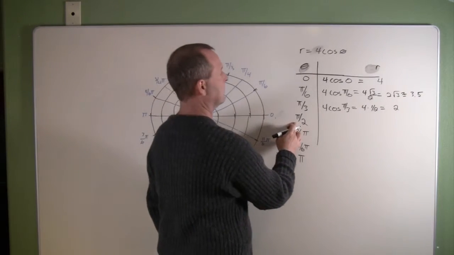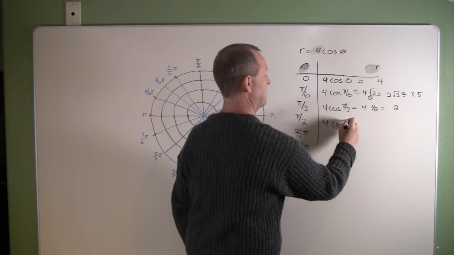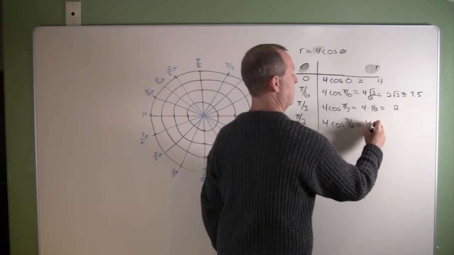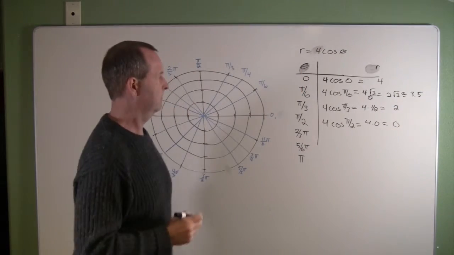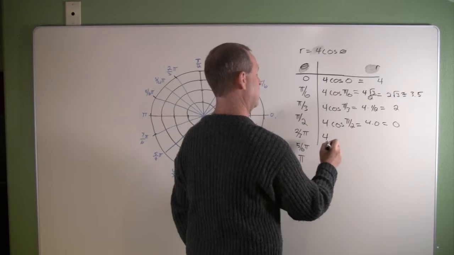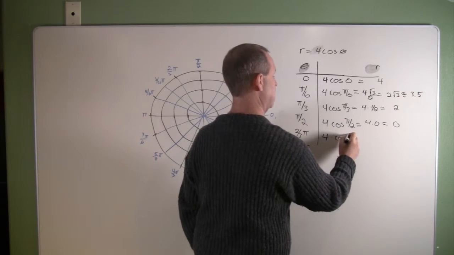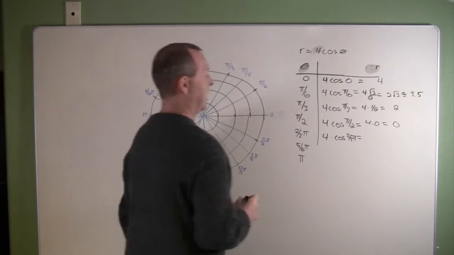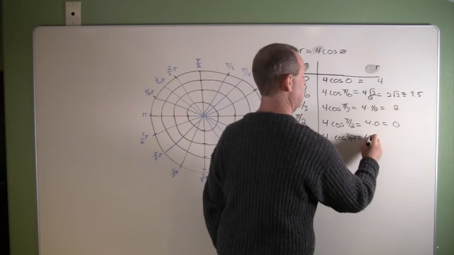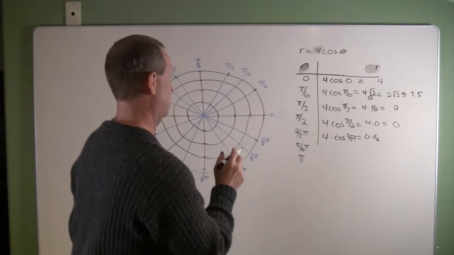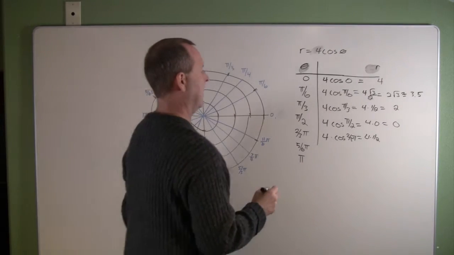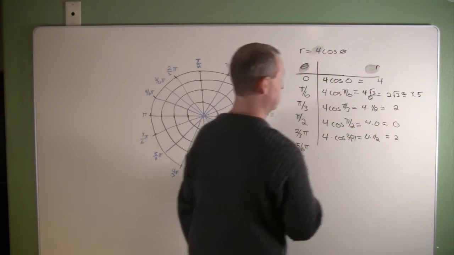Pi/2: 4 times the cosine of pi over 2. Cosine of pi over 2 is 0. 4 times 0 equals 0. 2/3 pi: that's 4 times the cosine of 2/3 pi. Cosine of 2/3 pi is -1/2, so that equals -2.